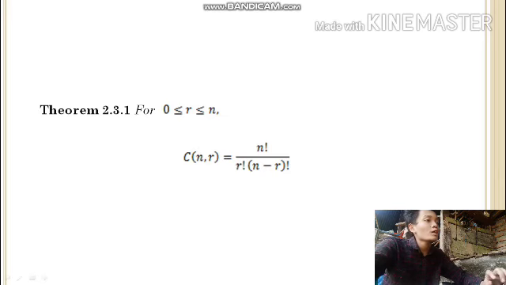Next, theorem. For r less than or equal to n and more than or equal to 0, combination C(n, r) equals n factorial over r factorial times (n minus r) factorial.